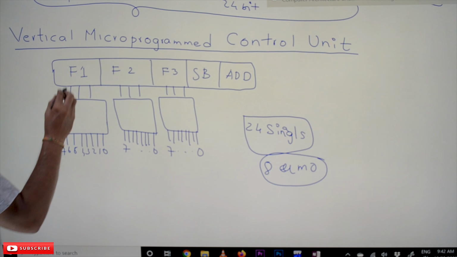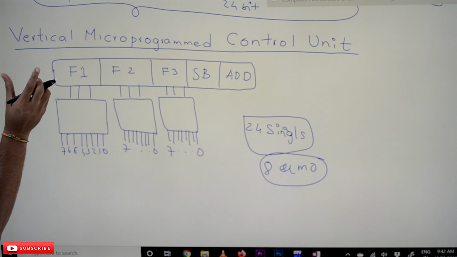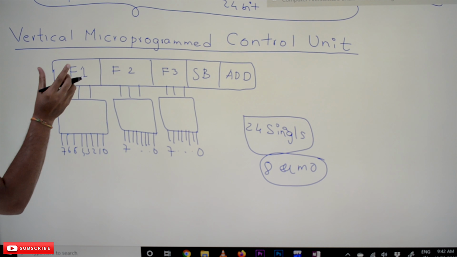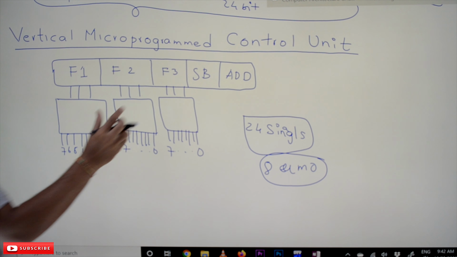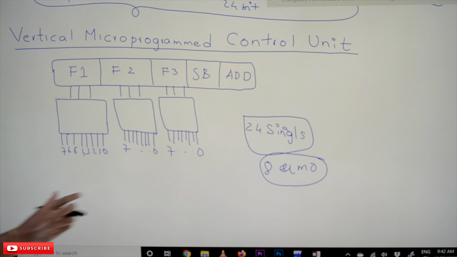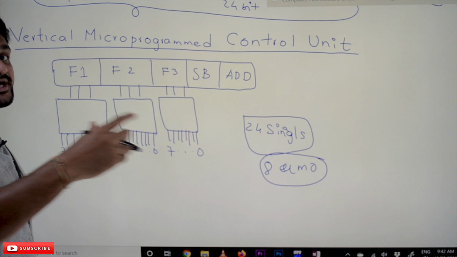This is how we understand which micro operation of the first group, which micro operation of the second group, and which micro operation of the third group is getting executed.